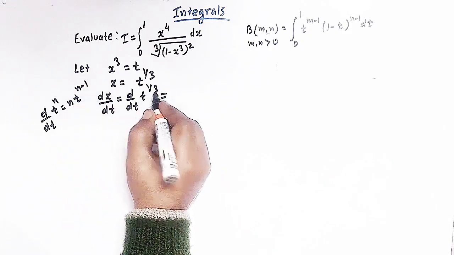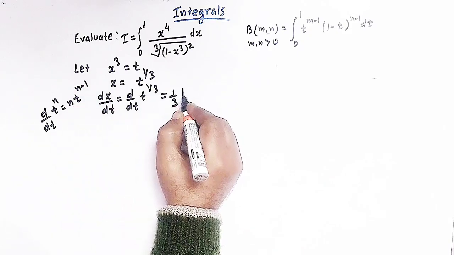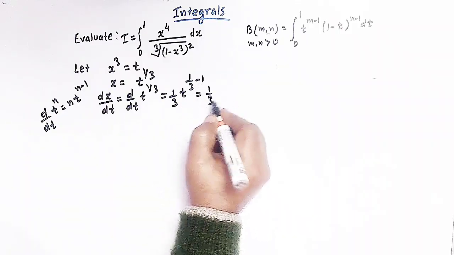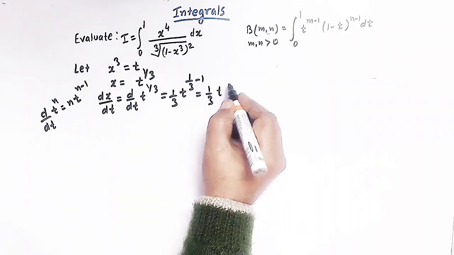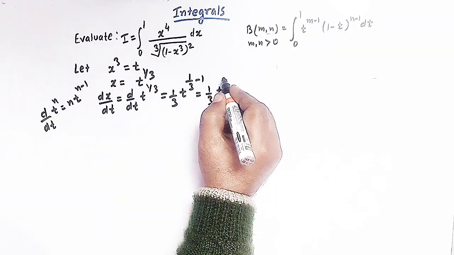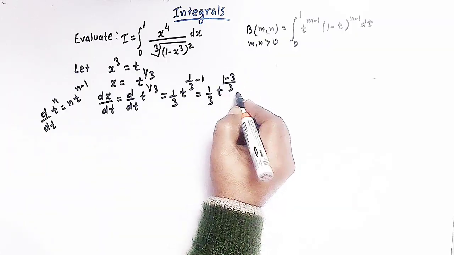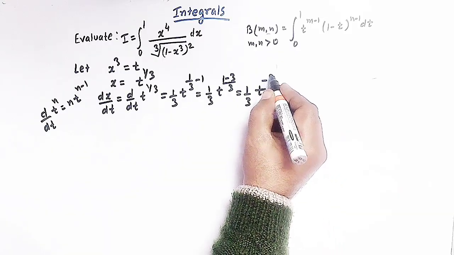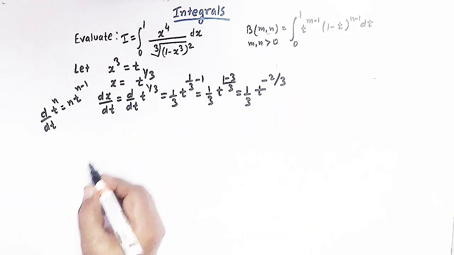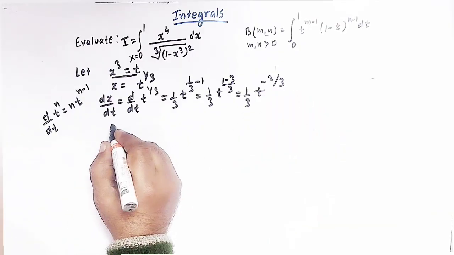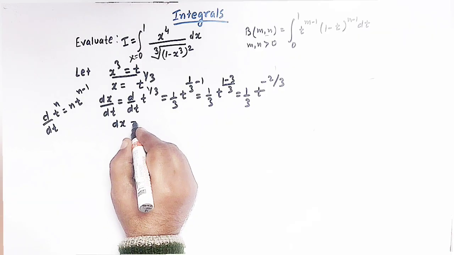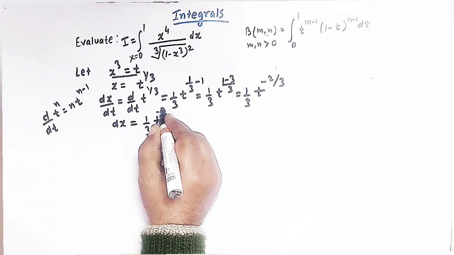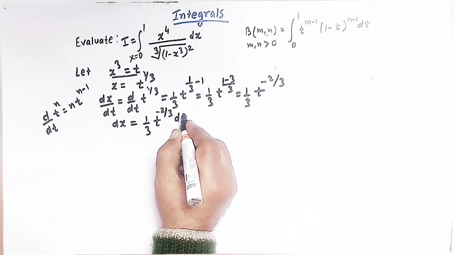So here n is 1 over 3, so we have 1 over 3 t raised to 1 over 3 minus 1, and this is 1 over 3 t raised to 1 minus 3 over 3, that is 1 over 3 t raised to minus 2 over 3. So now we can write dx is equal to 1 over 3 t raised to minus 2 over 3 dt, right?